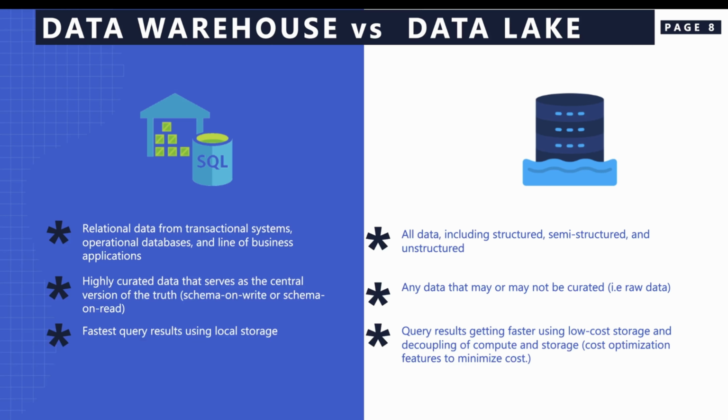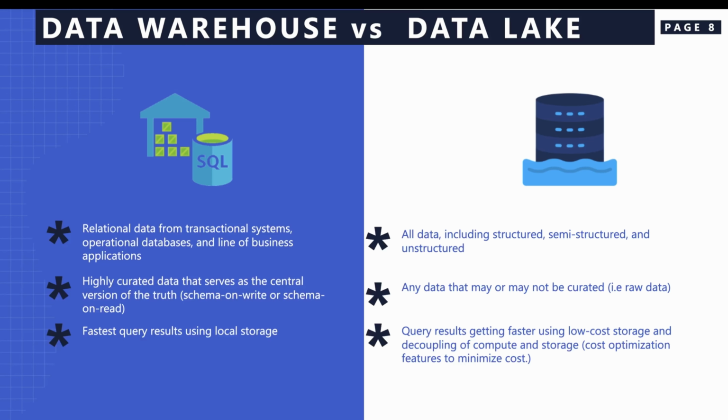These are cost optimization features to minimize cost. They perform parallel processing in the compute nodes and in storage to optimize queries. This part we will discuss in detail when I explain the architecture of Amazon Redshift, where we will discuss what a compute node is and all these things.